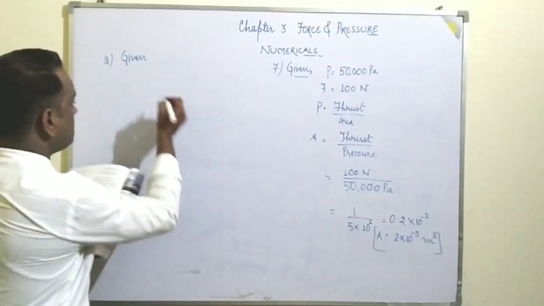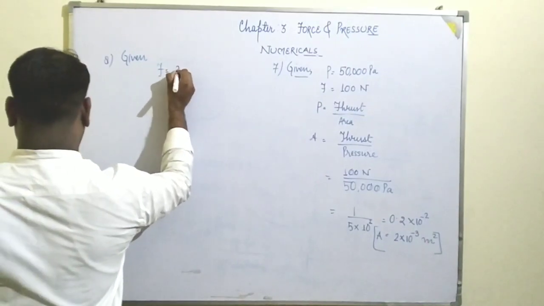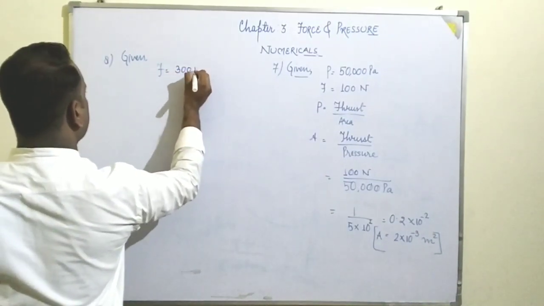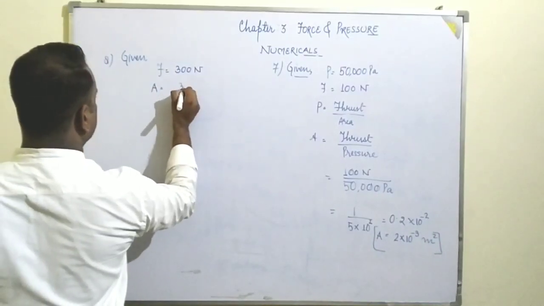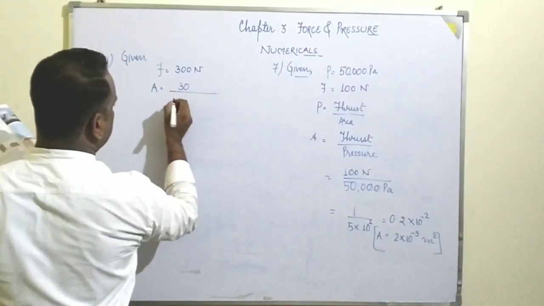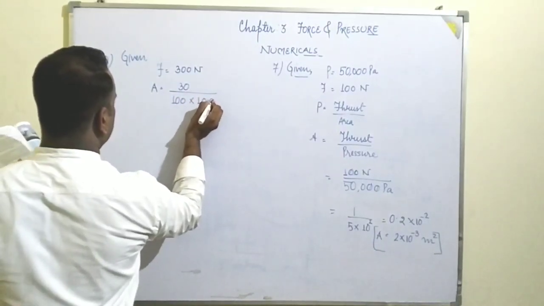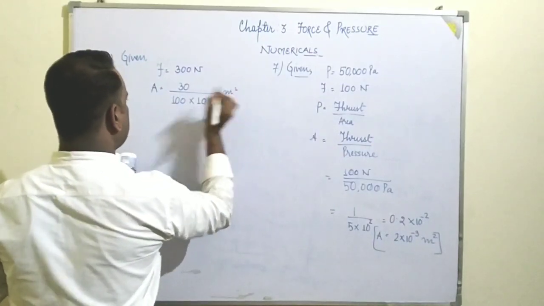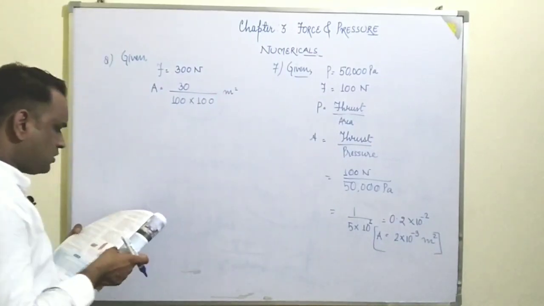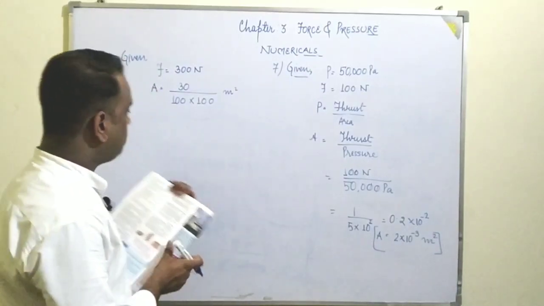So first we will list what is given. The force is 300 Newton and the area is 30 centimeter square. To convert into SI unit, we multiply by 100 into 100, so it becomes meter square. Now we have to calculate the pressure.